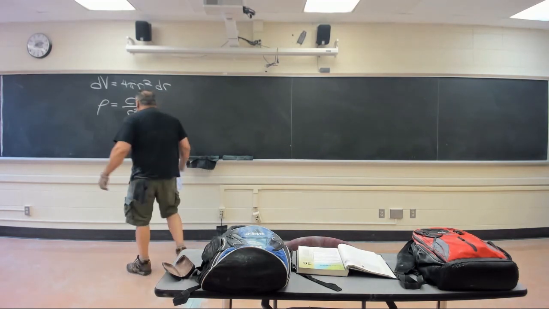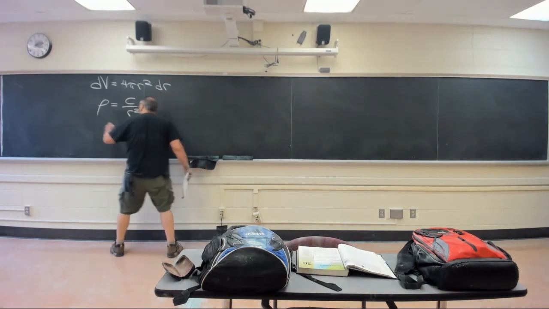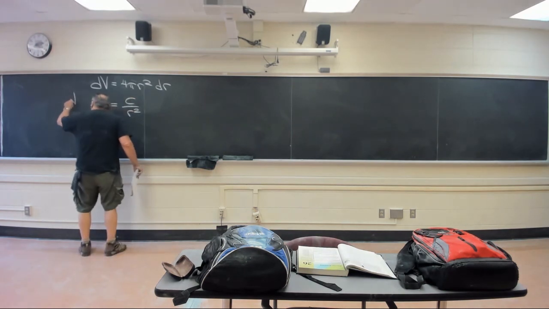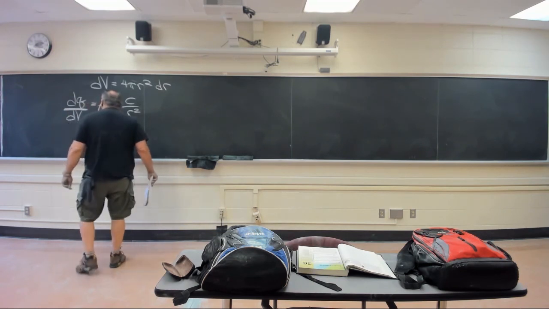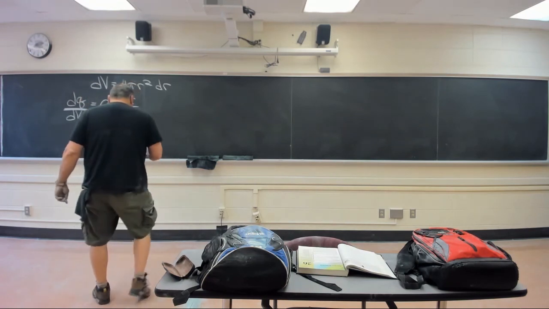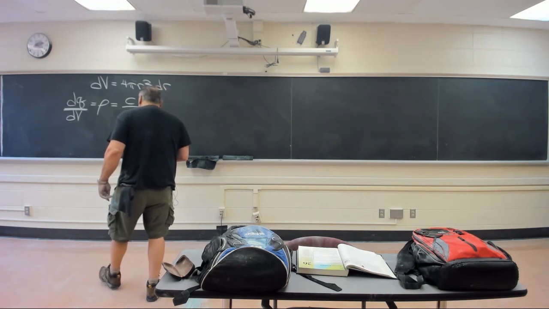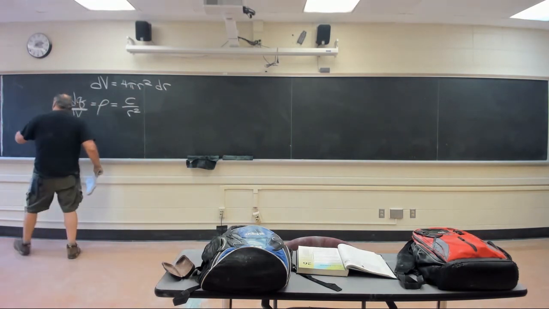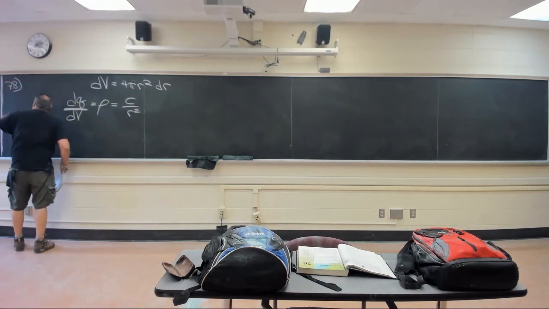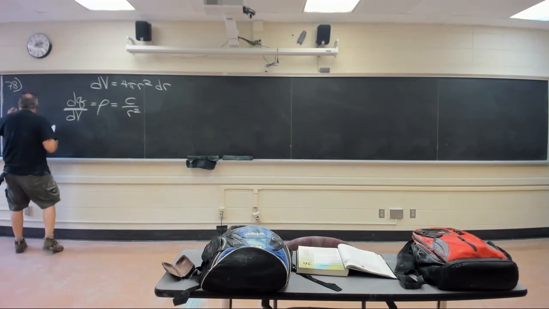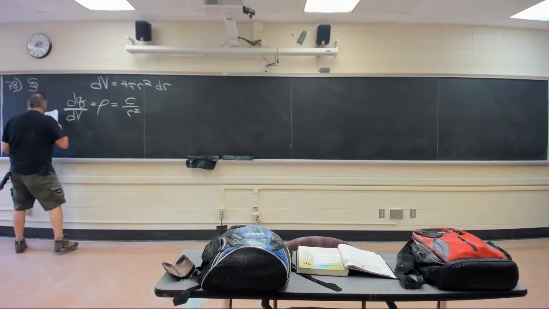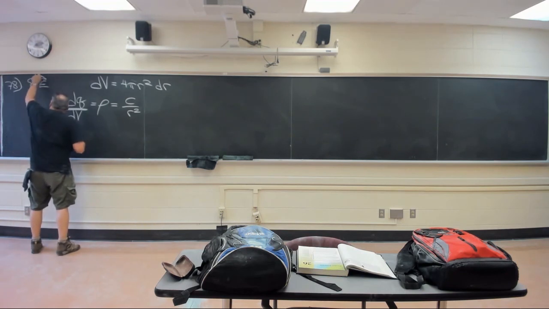We do know that this rho is dq dv. It's dq dv. So a real good way to say this is basically this. We've been here, definitely been here, guys.